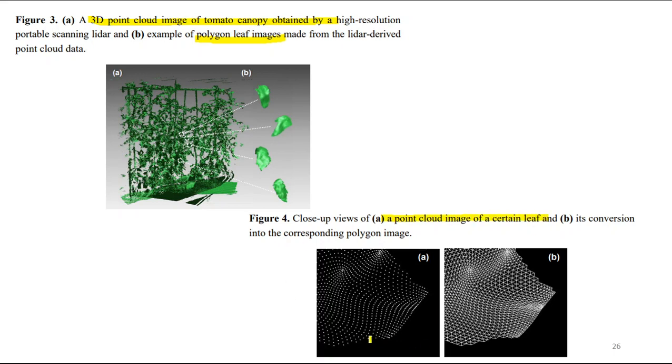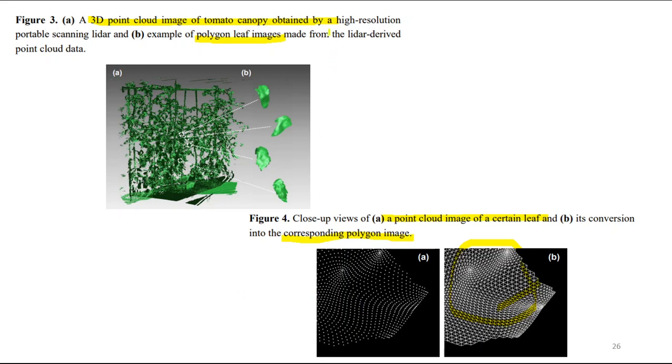This is a leaf, and he uses a curve fitting or equation fitting technique to get the corresponding polygon image. On the right-hand side, you can see the points have been connected with lines one by one with their neighbors.